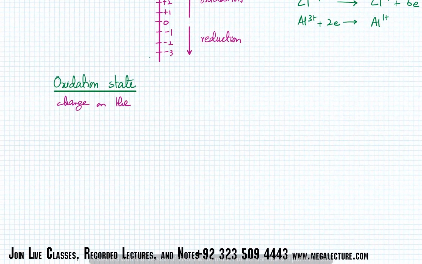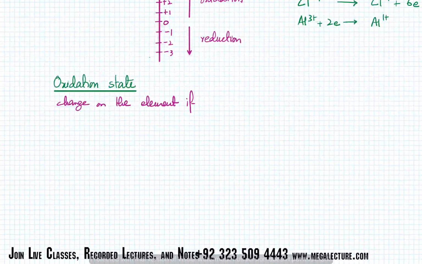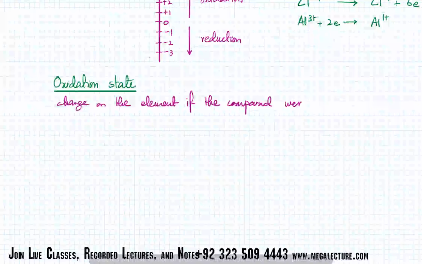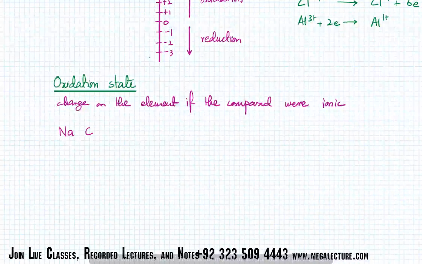So this is the charge on the element if the compound were ionic. So I've got ionic compounds where one element is very electronegative.